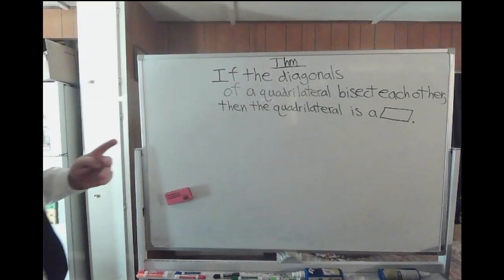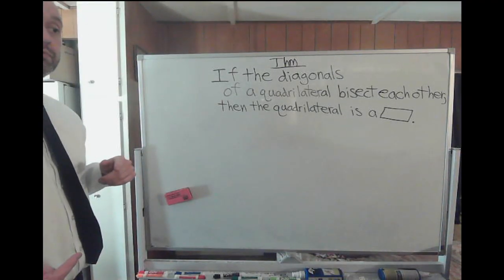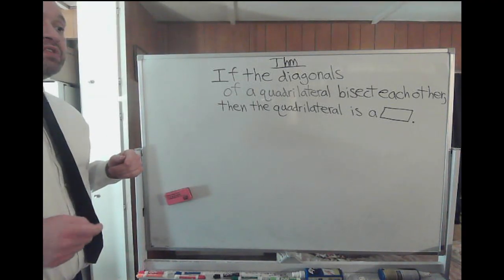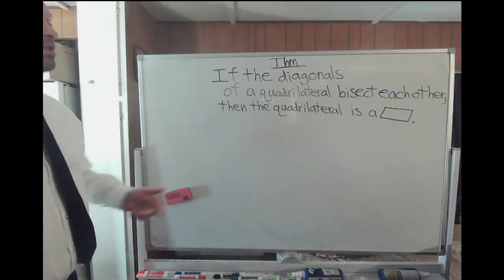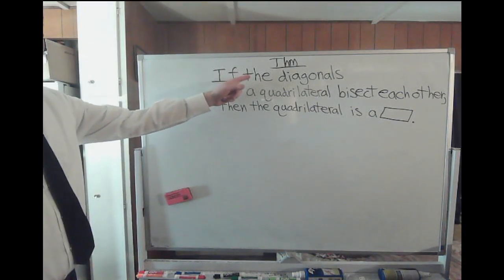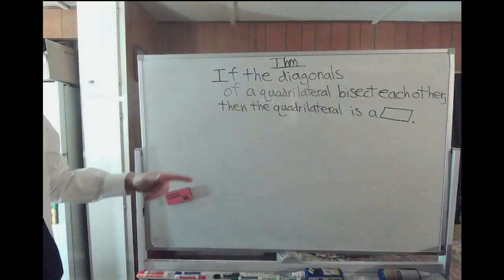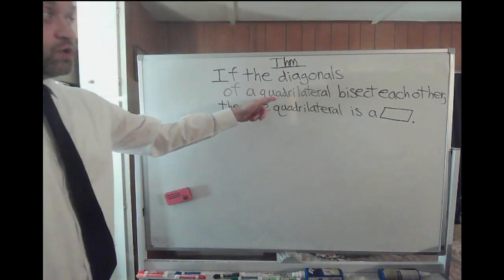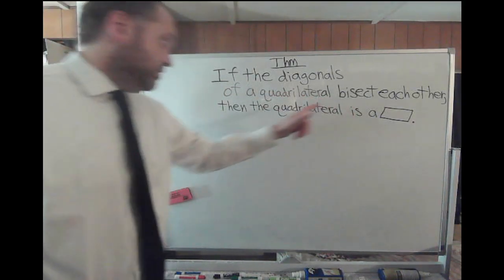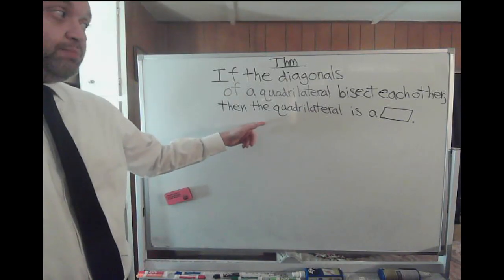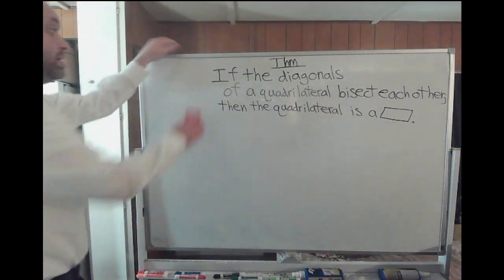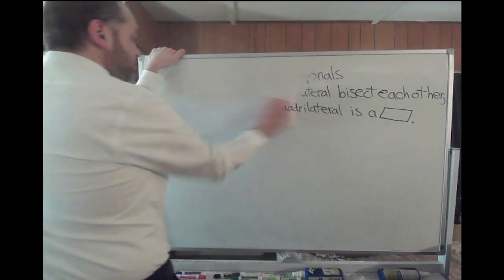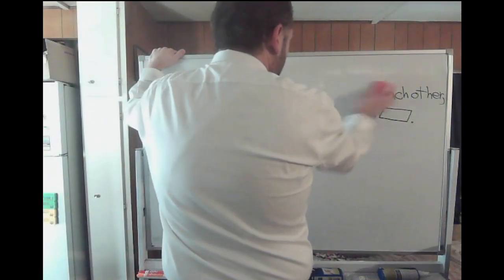So yesterday when we talked about parallelograms, we talked about how the diagonals of a parallelogram bisect each other. Well, we have the converse of that theorem here today, and it states if the diagonals of a quadrilateral bisect each other, then the quadrilateral is a parallelogram. So all this was learning the converses of yesterday's lesson.